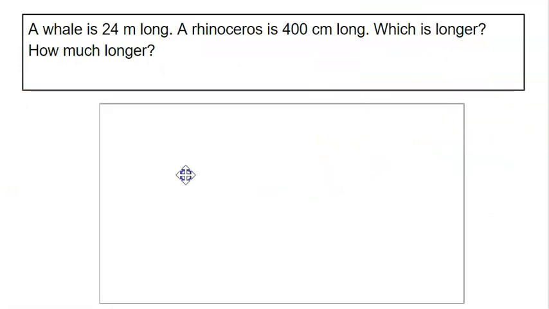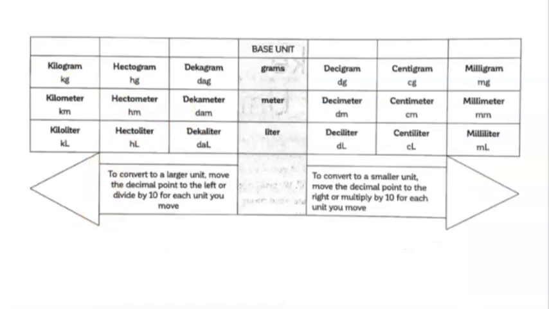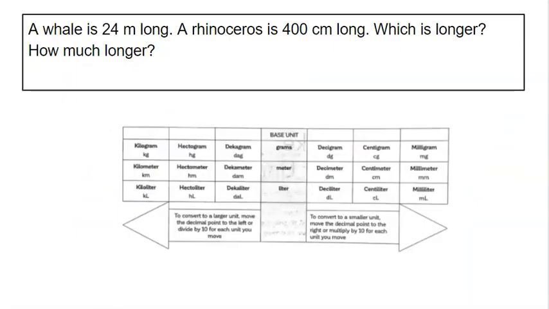I'm going to bring over one of these charts. So let's look at our problem here. A whale is 24 meters long. A rhinoceros is 400 centimeters long. Which is longer? Well, I don't really know how to compare those because one is in meters and one is in centimeters.